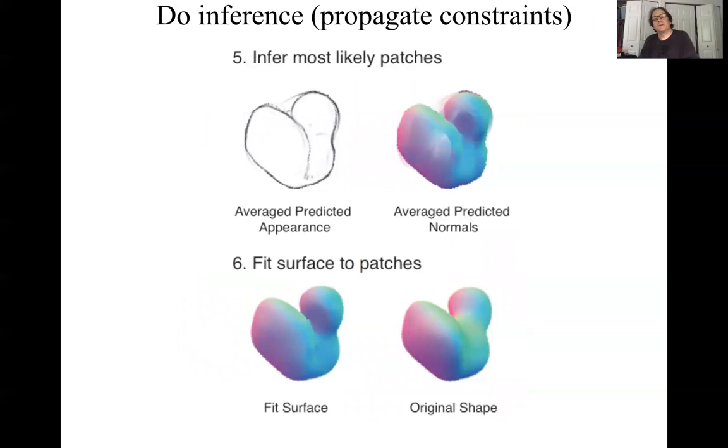And then we use an inference algorithm. In this case, we use loopy belief propagation to come up with a single best assignment of the interpretations for each patch, which are all consistent with each other, and to give a globally consistent interpretation.